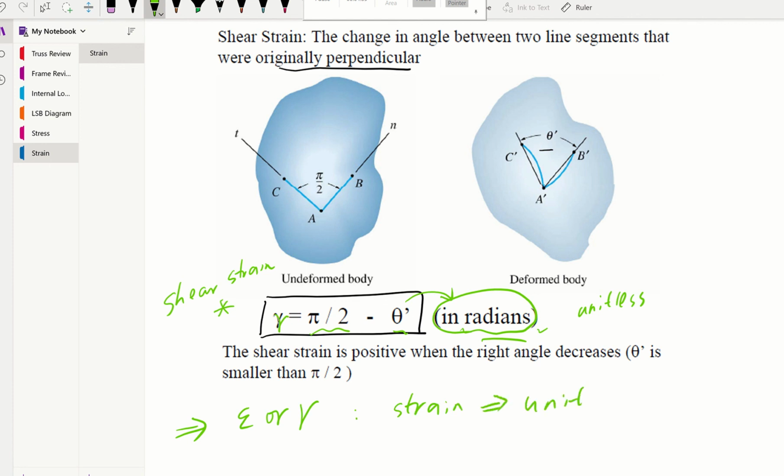They have no unit. All right. So knowing that, we can continue to discover a little bit more about our shear strain.